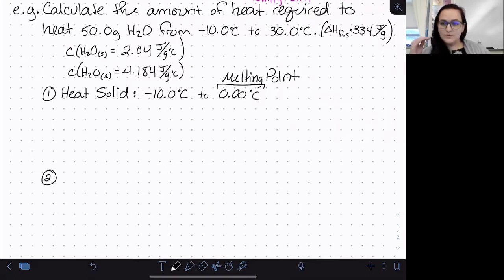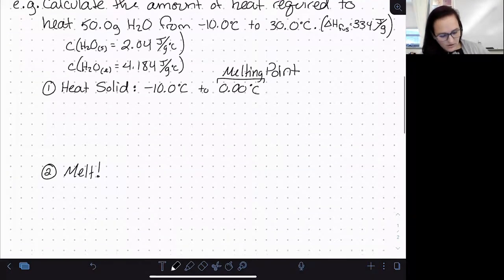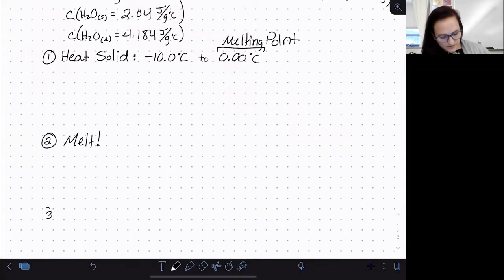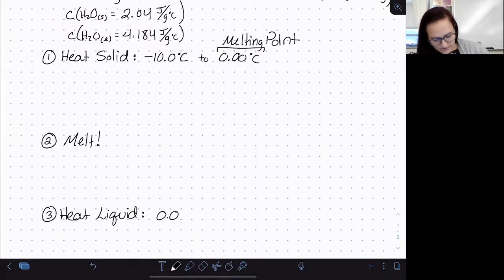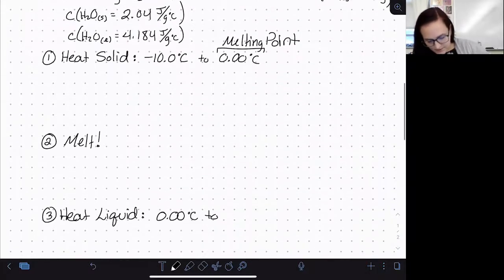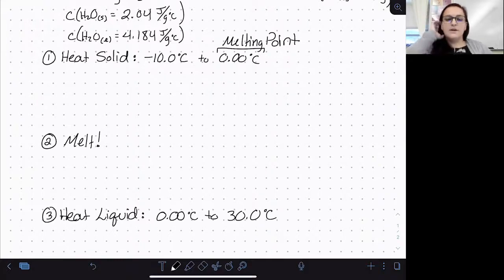Then once we reach the melting point, our substance is going to melt. And once it is fully melted, we'll be heating the resulting liquid from the melting point to the final temperature, which was given as 30 degrees Celsius.